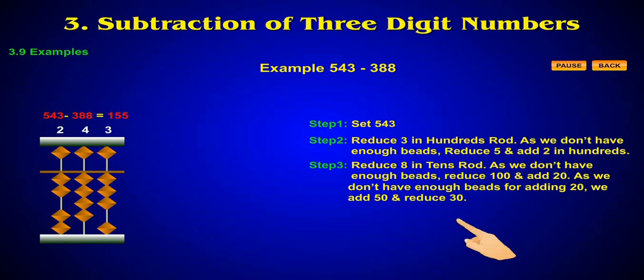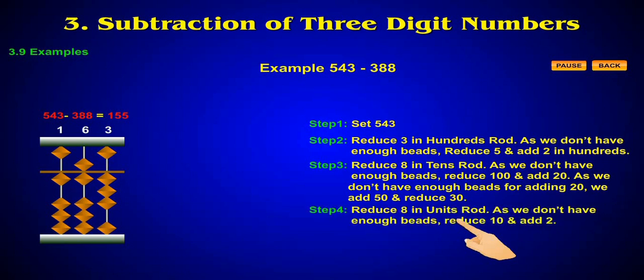As we don't have enough beads, reduce 100 and add 20. As we don't have enough beads for adding 20, we add 50 and reduce 30. Step 4. Reduce 8 in units rod. As we don't have enough beads, reduce 10 and add 2. Step 5. Count the beads.